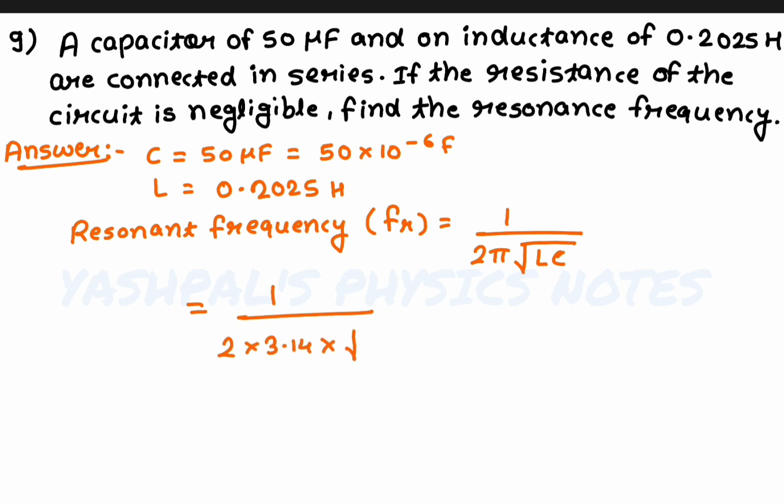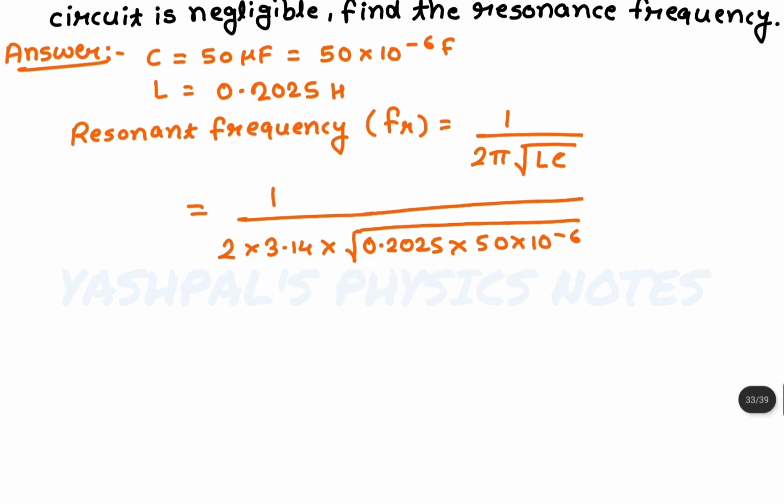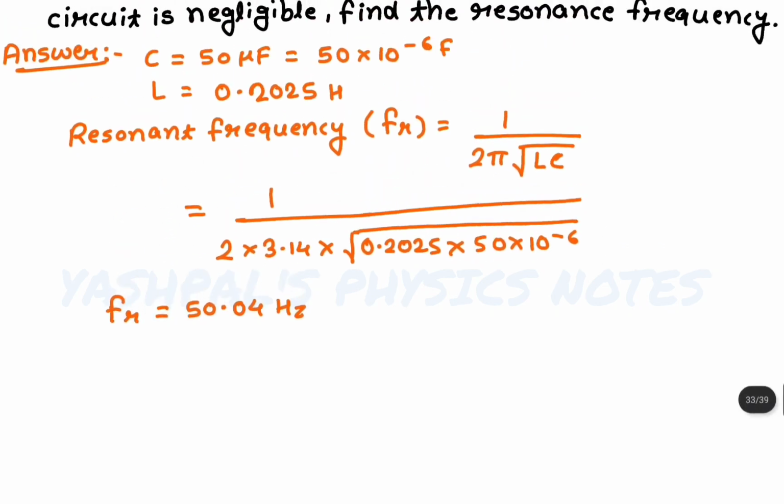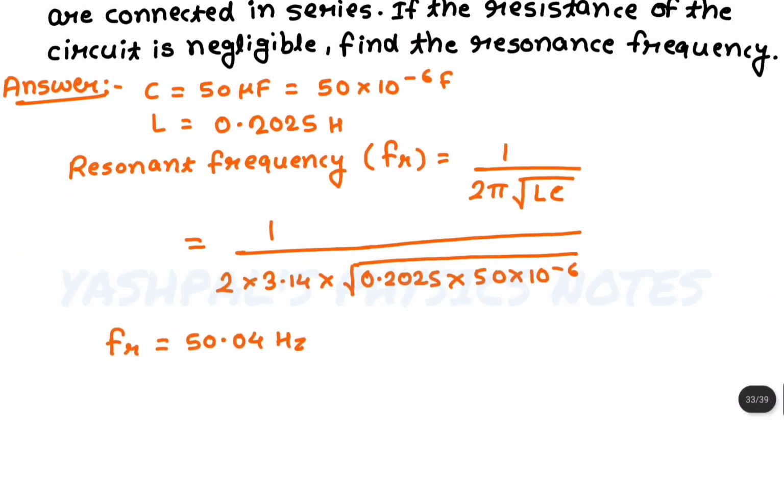What is the value of L? It is 0.2025. Value of C is 50 into 10 to the power minus 6. This is under root. Now after calculation, you will find the value of resonant frequency as 50.04 Hertz. So this was our question number 9.